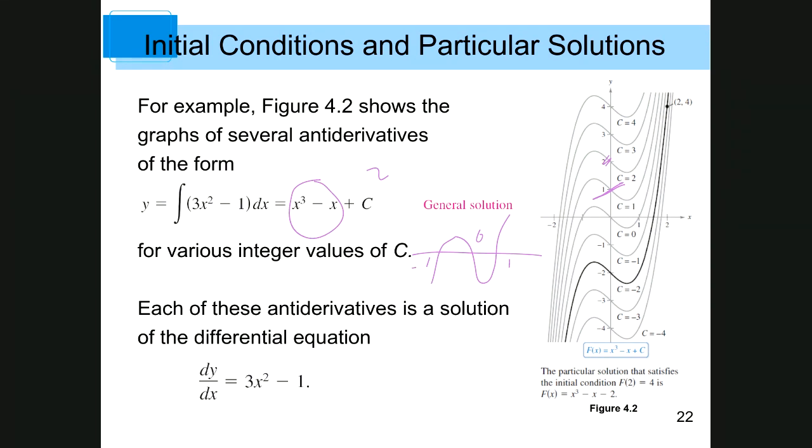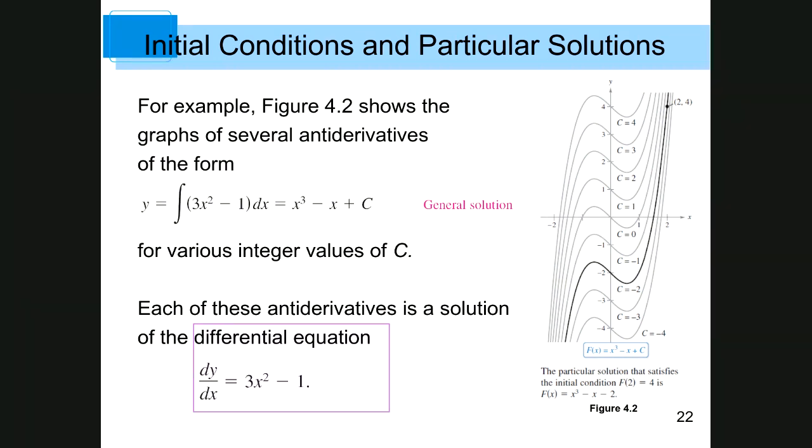In physics or in engineering, they want one particular solution with the initial condition, so you have to know which one you are talking about. This one solves this differential equation. All these curves are solutions of this differential equation.